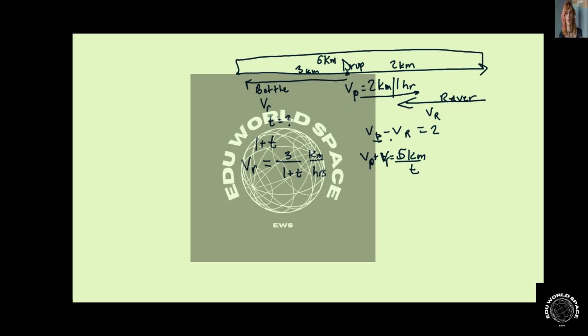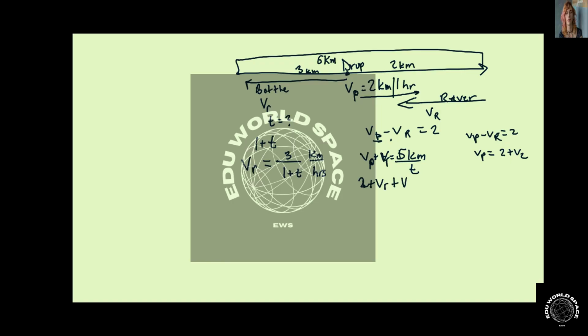So right above, we see that VP minus VR equals 2. So if I rearrange this a little bit, I have VP equal to 2 plus VR. So let me replace VP with 2 plus VR.